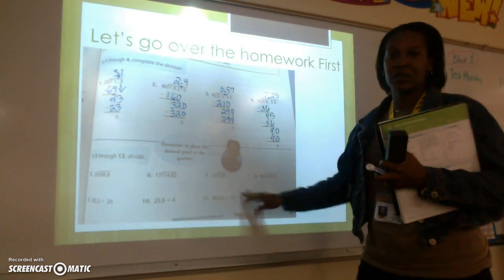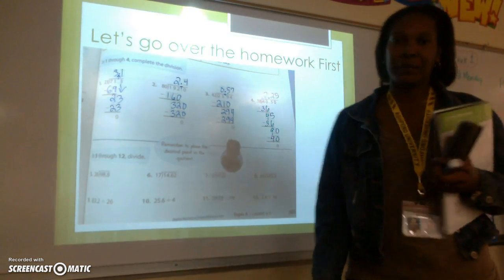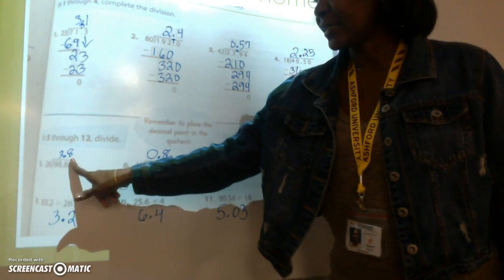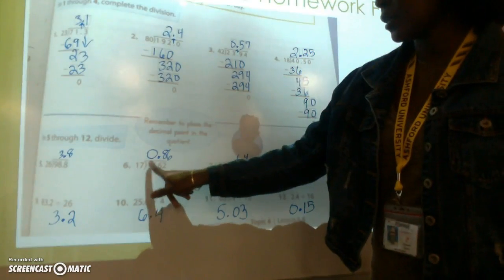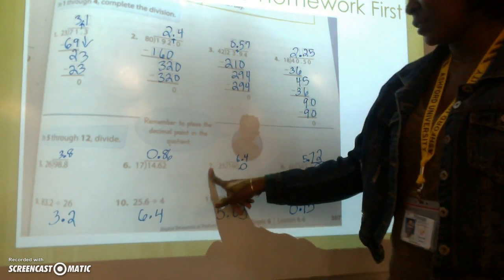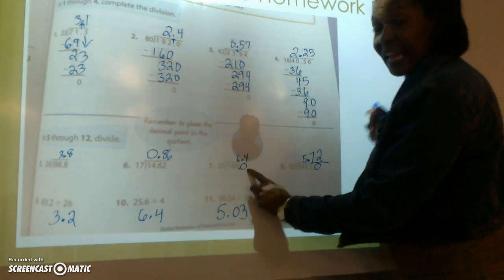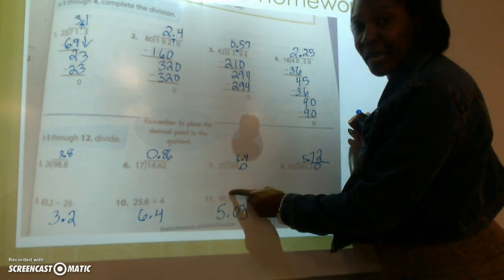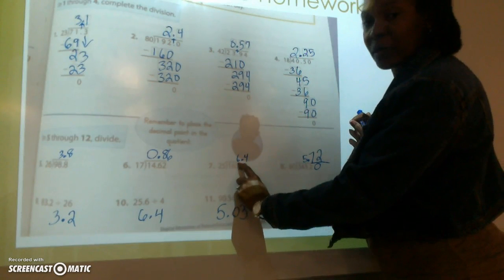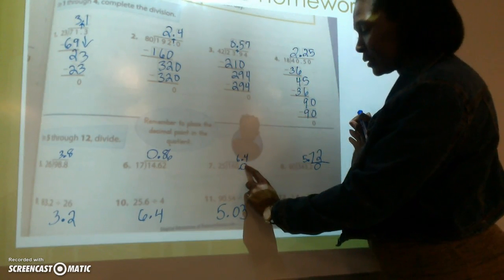I'll fill in the answers for you to check. Okay. So number 5, you have the answer here, 3 and 8/10. Number 6 was 0 and 86 hundredths. On 7, you had to add in that extra space because you had a remainder left over. Once you add that extra space with the decimal, you ended up with 6 and 4/10.